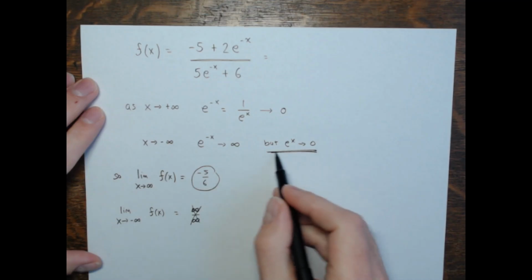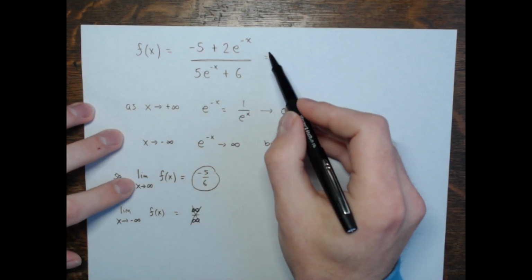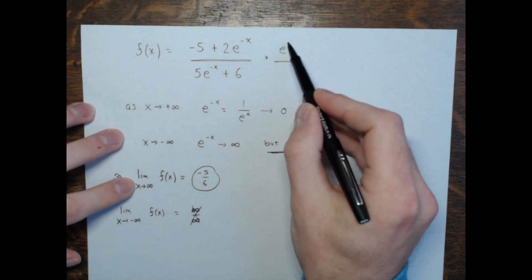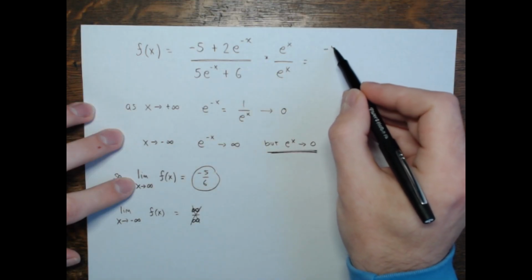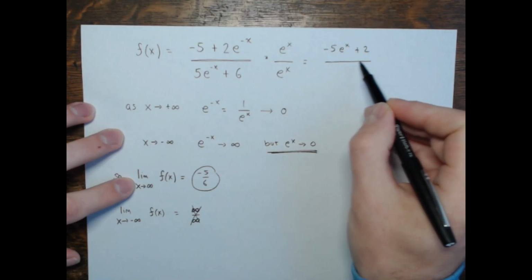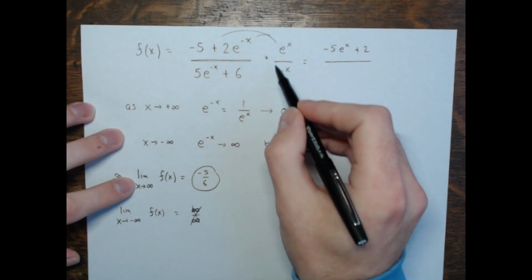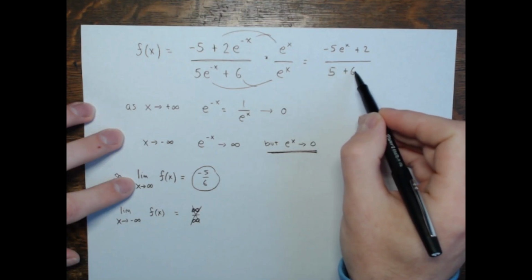And the reason I wrote this part is because something I can do is multiply the top and bottom by e to the x. And that turns the top into negative 5 e to the x plus 2. And the bottom, when I distribute, into 5 plus 6 e to the x.